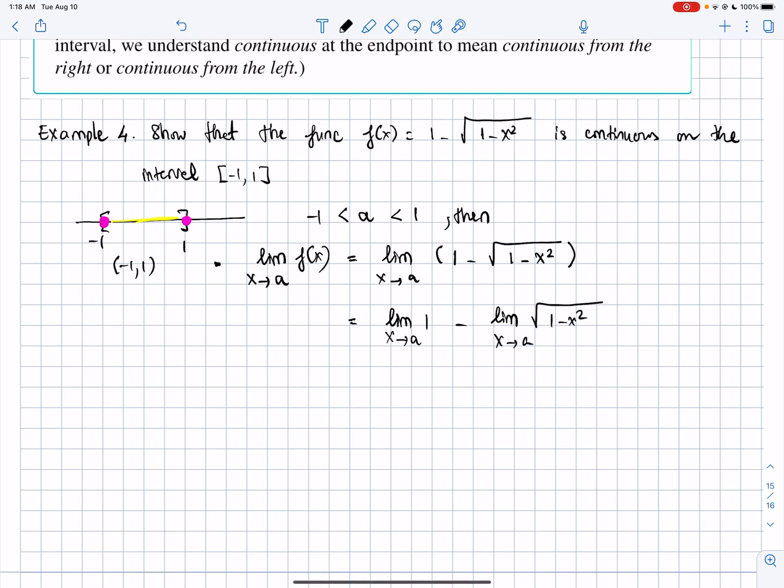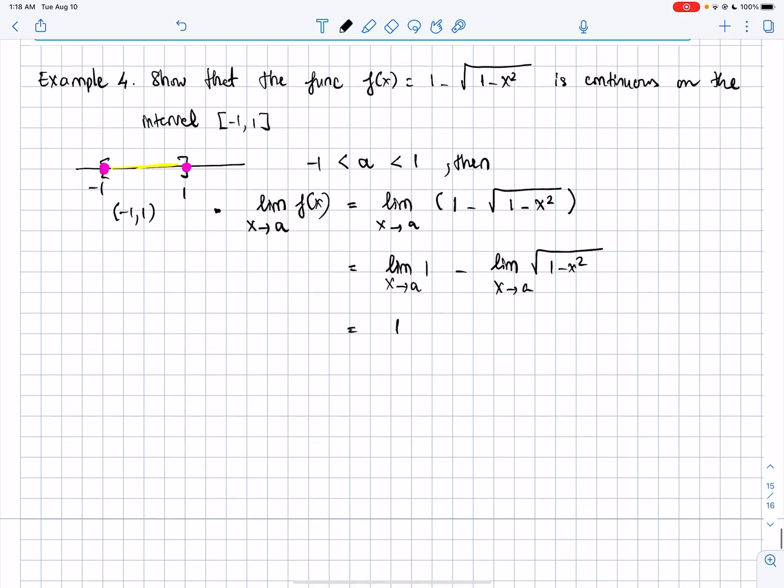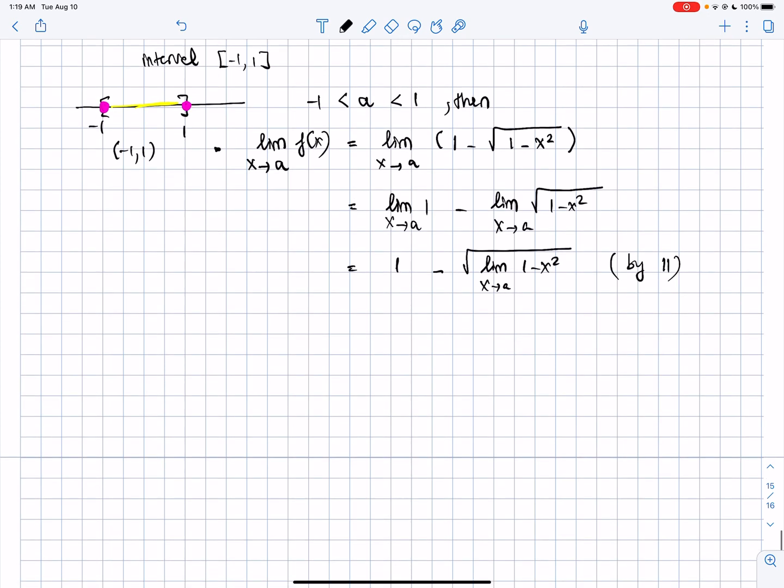The first is a constant, so it is equal to 1. The second becomes the square root of the limit as x approaches a of 1 minus x squared. We are doing this by limit law number 11, so you need to go back to the other section and check. Now, this part is just a polynomial, so we just substitute. So we get 1 minus the square root of 1 minus a squared.